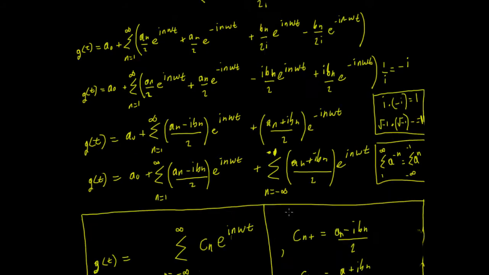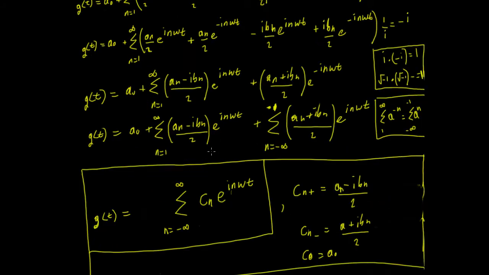What I want to do is put these together into just one series. The series will run from minus infinity to plus infinity, and we take our value Cn, and it's e to the i n omega t. We're just calling these Cn. So now we've got a Cn plus, which is an minus i bn upon 2.